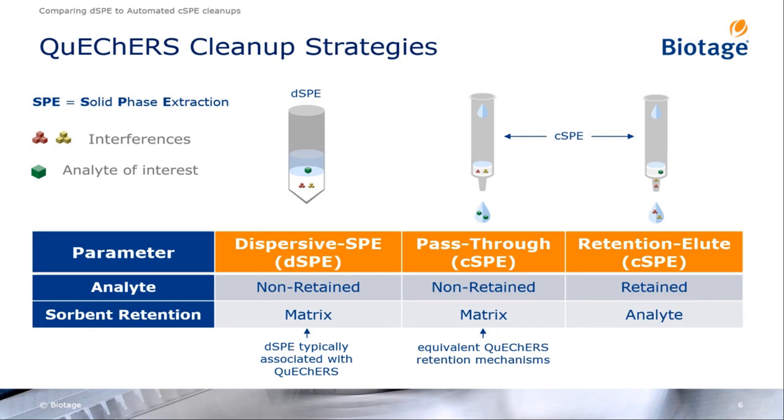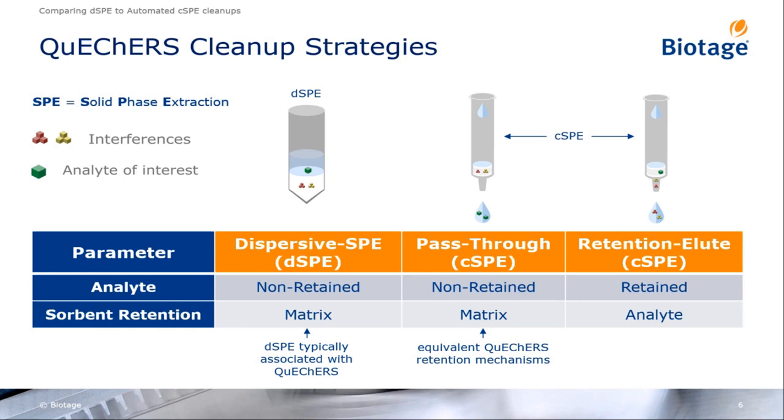There is pass-through column SPE or retention elute column SPE. Pass-through works very similar to dispersive SPE, whereas the matrix components or the interferences are retained on the media and the extract with the analytes of interest are passed through the media into an elution and collection vial.